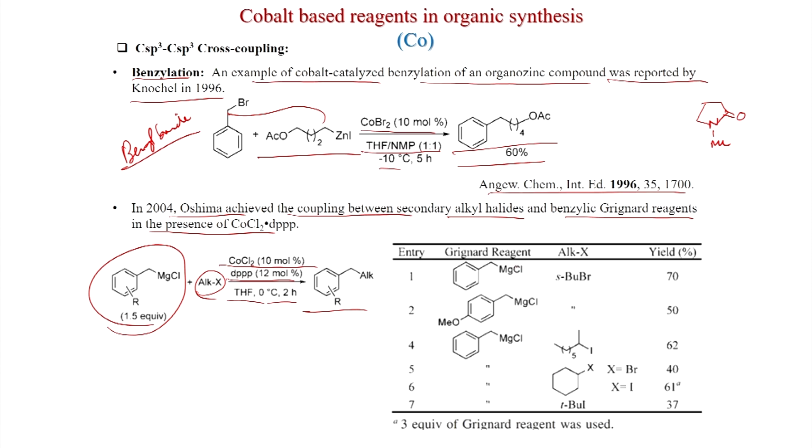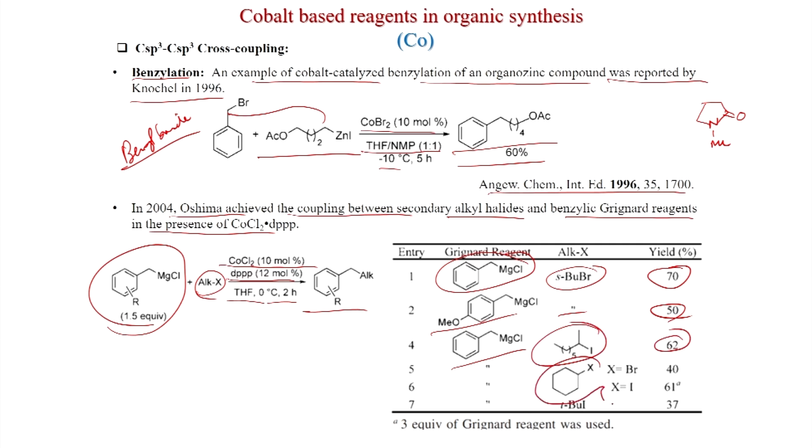The Grignard reagent is benzyl magnesium chloride, secondary butyl bromide is the alkyl source, and you can get 70% yield. With para-methoxy, same, you get 50% yield. Also benzyl magnesium chloride and a secondary iodide gives 62% yield, and cyclohexyl bromide or iodide gives good yield. Tertiary butyl iodide yield is less. And in this case 3 equivalents of Grignard reagent was used.